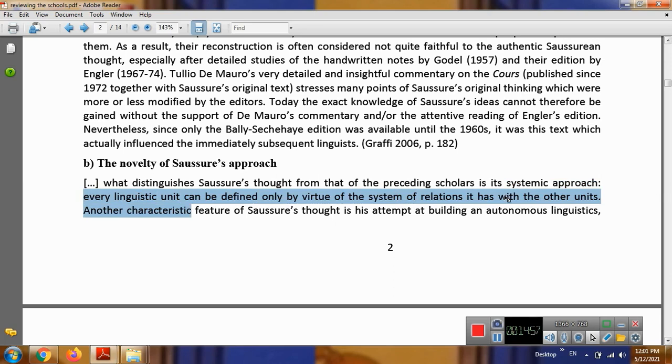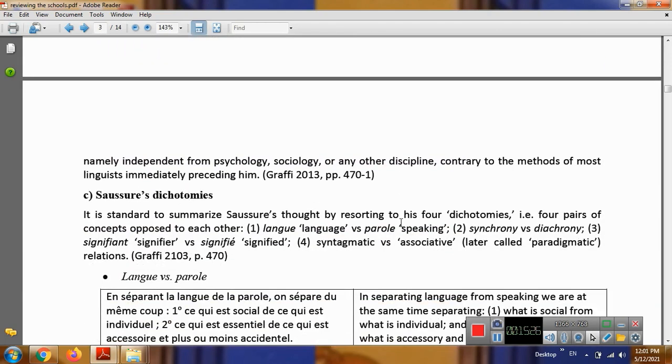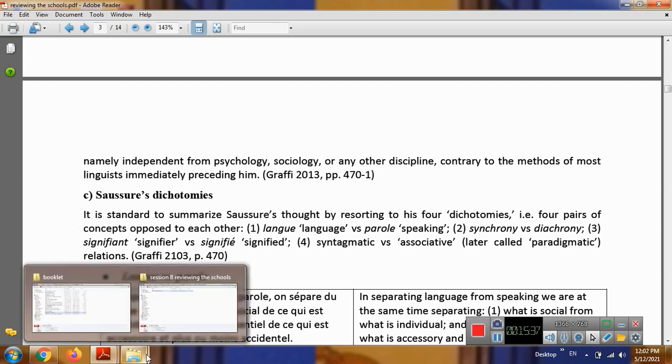It is important. It is the meaning of system from the Saussurean viewpoint. Another characteristic feature of Saussure's thought is his attempt at building an autonomous linguistics, namely independent from psychology, sociology, or any other discipline, contrary to the methods of most linguists immediately preceding him.